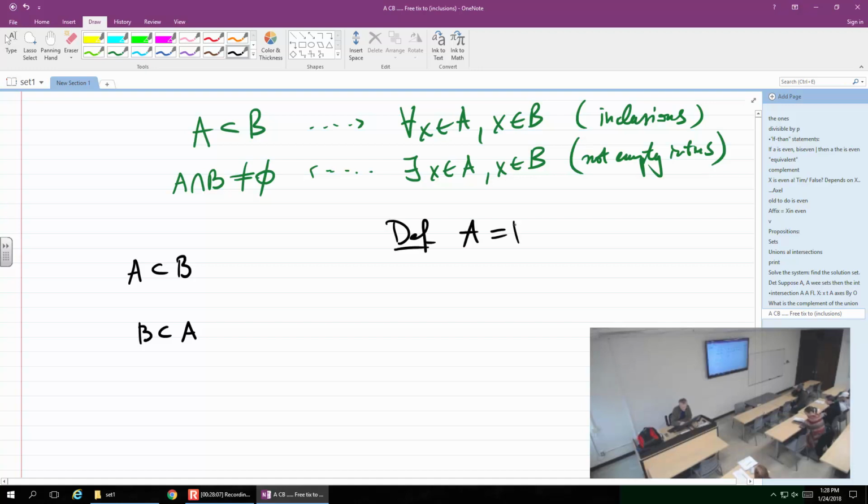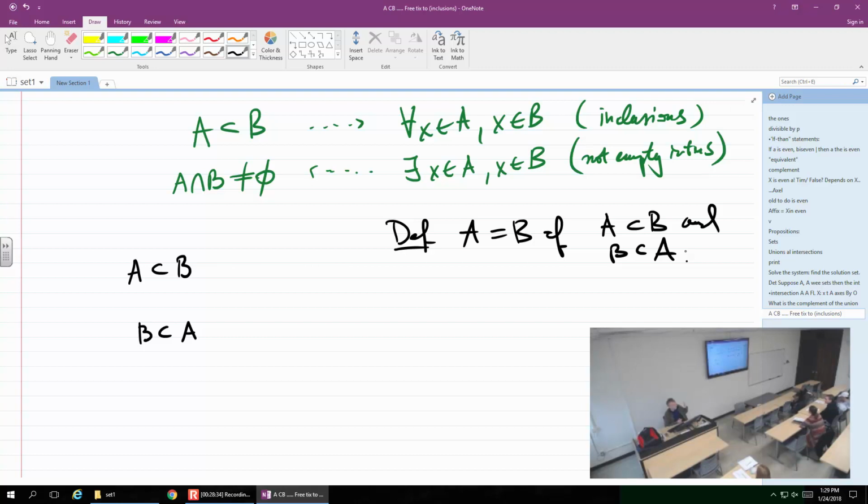Two sets are equal if A is a subset of B and B is a subset of A. So if they're equal, they can be a subset of each other. It is called an improper subset. So a set is an improper subset of itself. It still works. Remember what the definition of a subset is: every element of A is an element of B. So you are a subset of yourself.